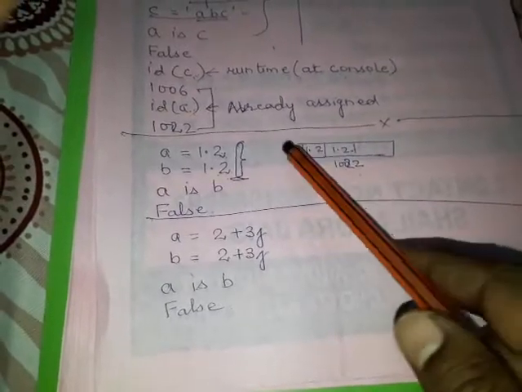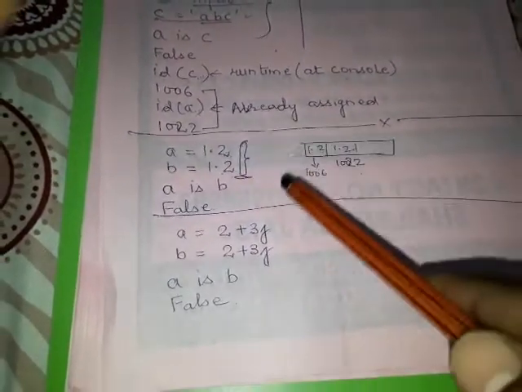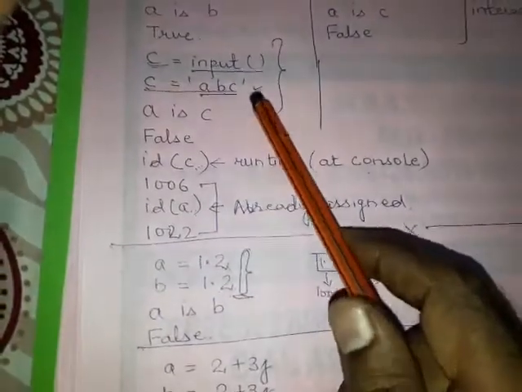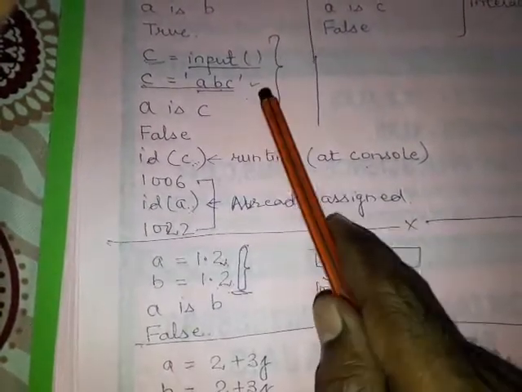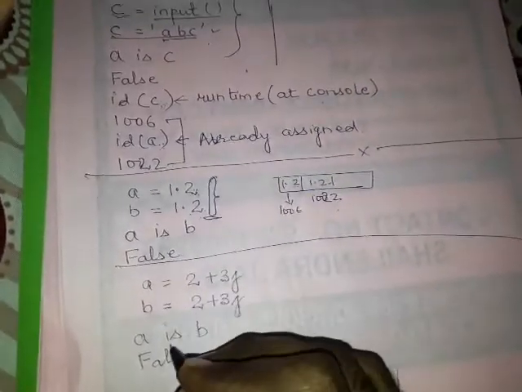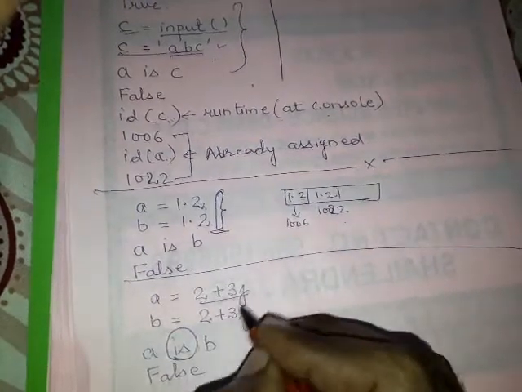So these are the cases for float and for complex numbers, okay. In case of a string read at the console at runtime, the is operator will not be supported, because Python will store all these values at different memory addresses.